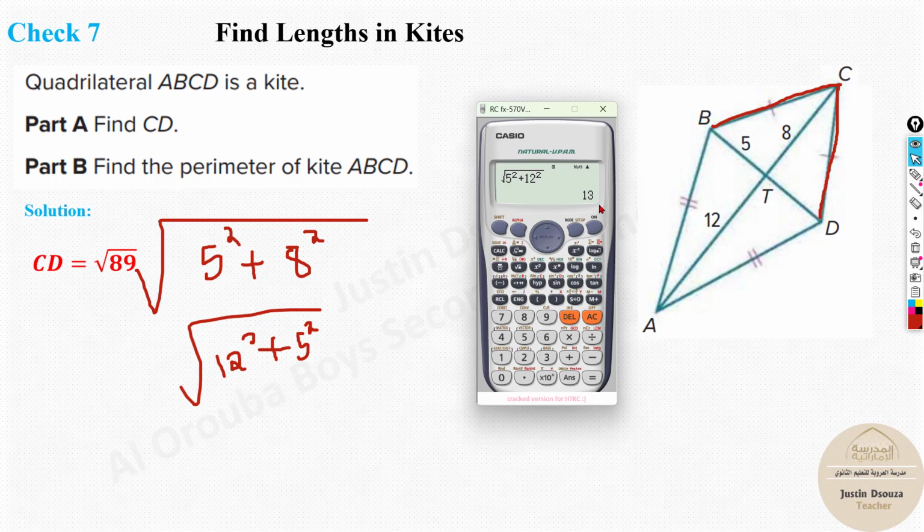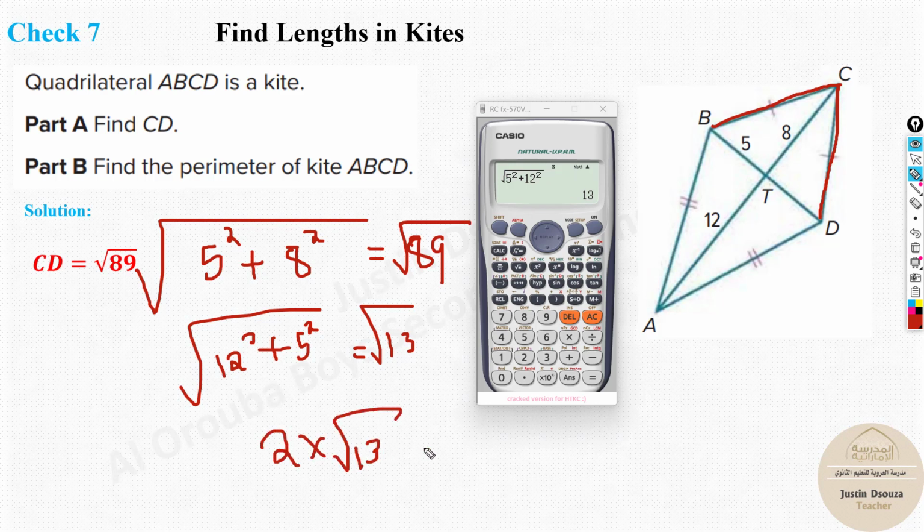And the answer is 13. So here I got square root 89. Here I got 13. Now I know the perimeter is 2 times this side, that is 13, plus 2 times root 89.